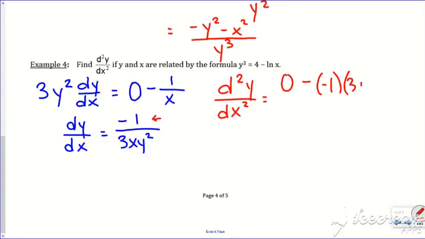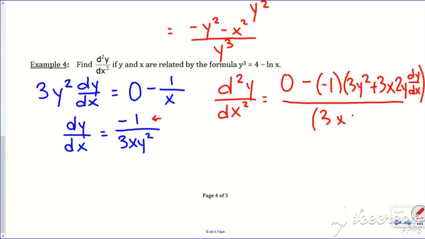So 3y squared plus 3x times 2y dy/dx, all over 3xy squared. And I told you we weren't going to simplify it, but we do still have to plug in that first derivative.